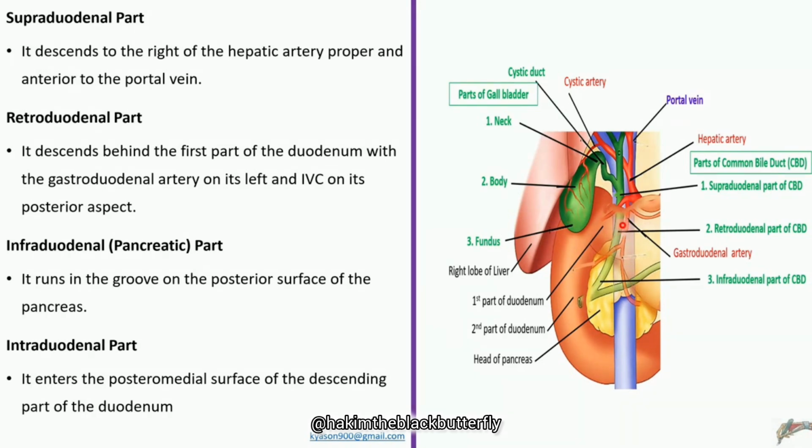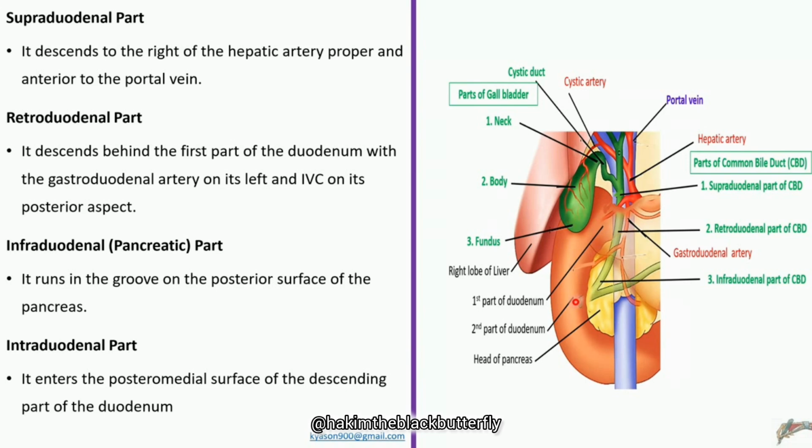Then the infraduodenal part, that's a portion going to be running below the duodenum and through the posterior surface of the pancreas so that it can meet with the main pancreatic duct here, to form the hepatoduodenal ampulla, which will come and pierce the wall of the second part of the duodenum.